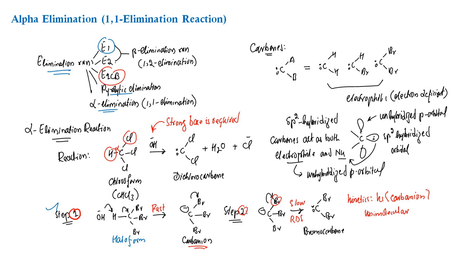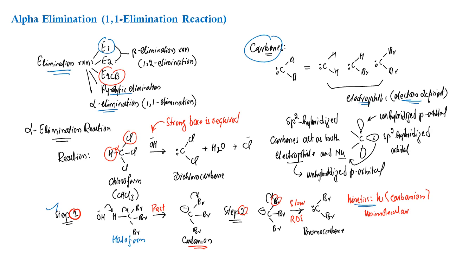Its kinetics is unimolecular because the rate of reaction depends upon the concentration of a carbene. Indirectly, it also depends upon the concentration of base, because base is required for making the carbene, much like an E1CB mechanism. So in E1CB mechanism or an alpha elimination reaction, we get a carbene. Usually carbenes are electron deficient species, which act as an electrophile.